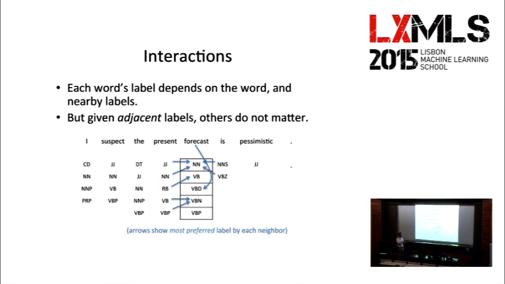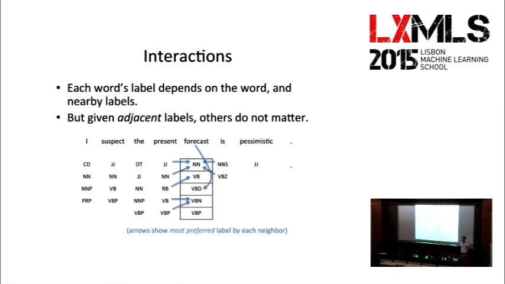So really, when I'm labeling the word forecast, to make a good decision, I have to know what's happening before me, what's happening after me, and what the word is. All three of these things are weighing in. And two of those three things are moving, and I'm making decisions about all of these words at the same time. But the key insight is that if I did know the labels on either side of this particular label I'm worried about now, nothing else farther away would matter.